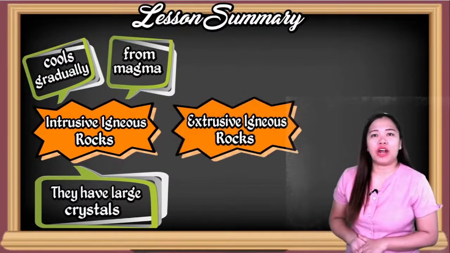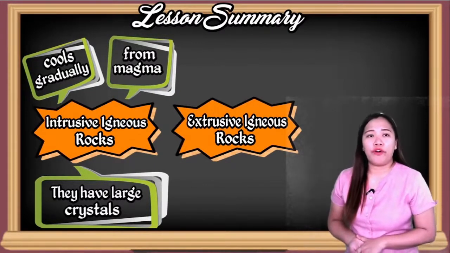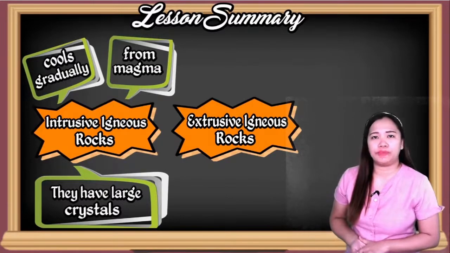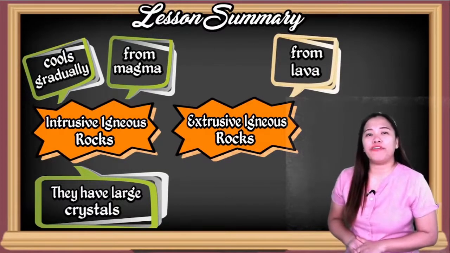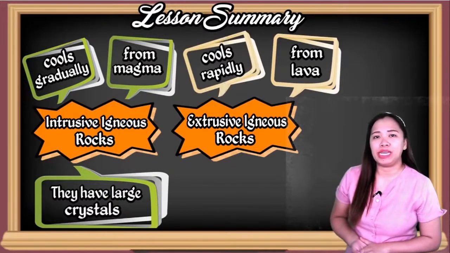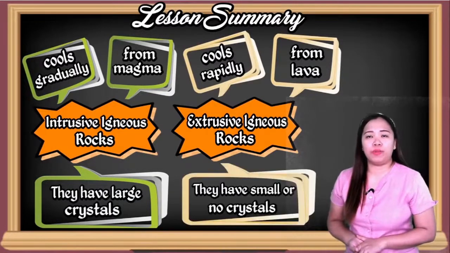Extrusive igneous rocks, on the other hand, are formed on the surface of the Earth. They are formed from lava. Since this type of igneous rock cools rapidly, the crystals formed are small.